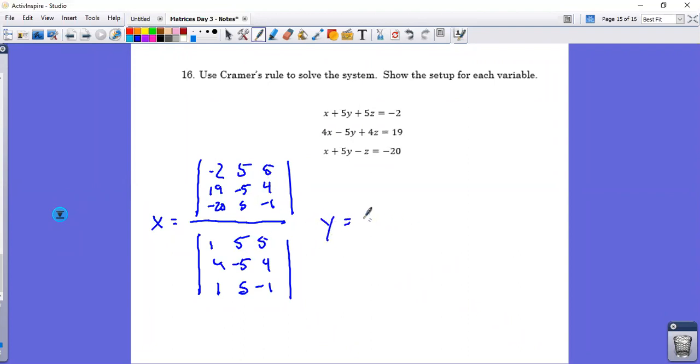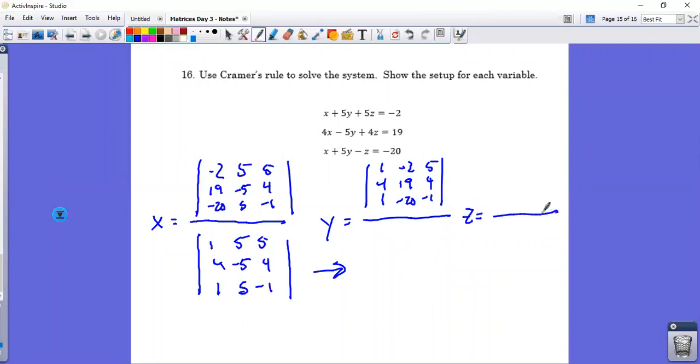So to do y, the denominator stays the same. I don't need to type it or write it every time. But then instead of replacing the first row, you would leave the 1, 4, 1 for the x's. You'd take out these 5s and replace those with -2, 19, -20, and leave the z's, 5, 4, -1.